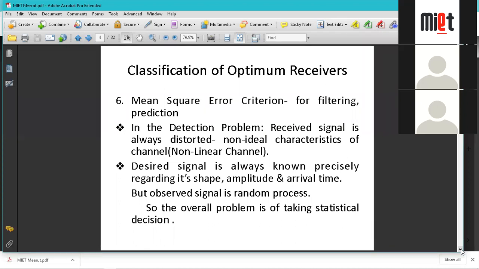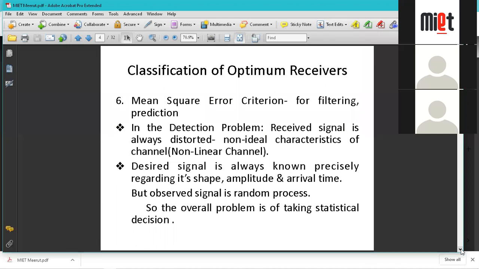So here the mean means the ensemble average in general. The question arises, how many types of averages are possible? Why only ensemble? Why not time average? Why not statistical average? Why not moving average? Why only ensemble average?